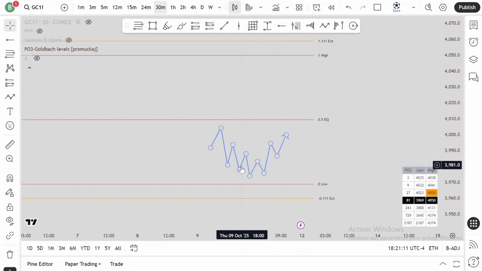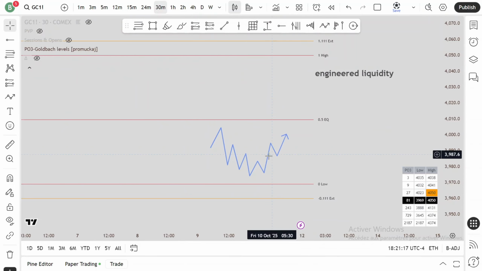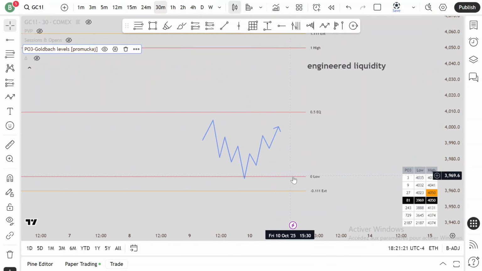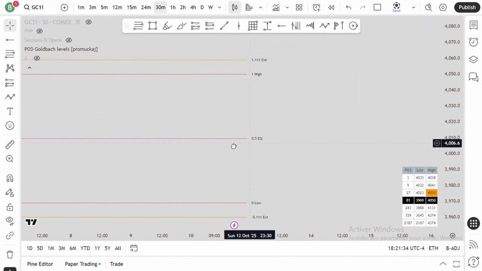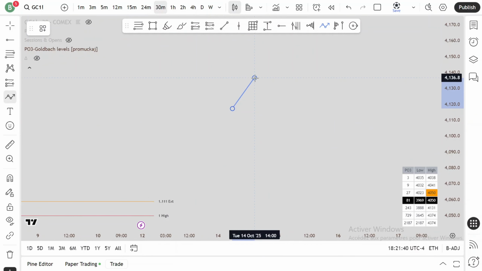It's engineered liquidity. That's important. If a swing low is printed on the low partition itself, we can consider a long, a smart money reversal, if we trade ICT without these ranges.